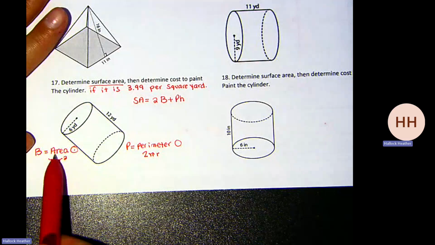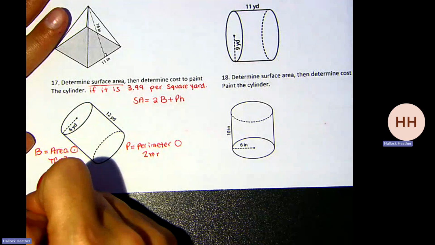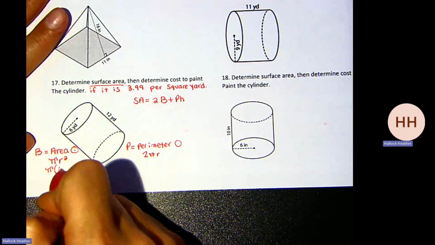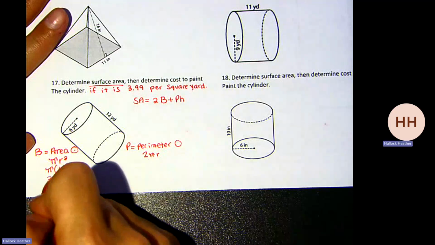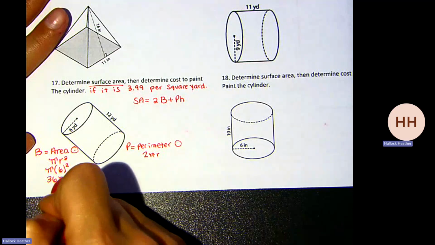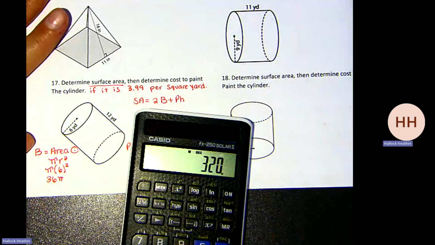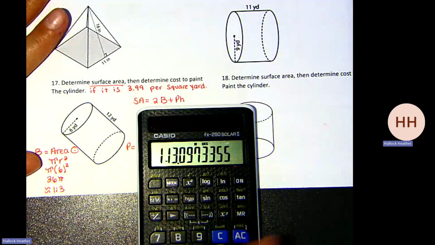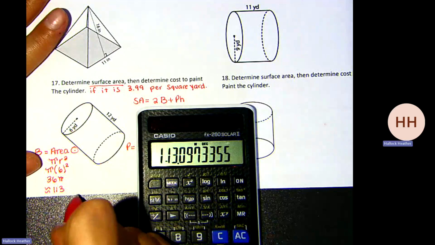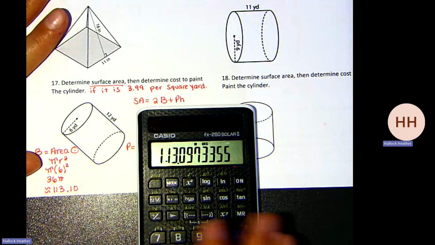My radius is 6. So I'm doing pi times 6 to the power of 2, which is 36 pi. 36 times pi is around 113.10.